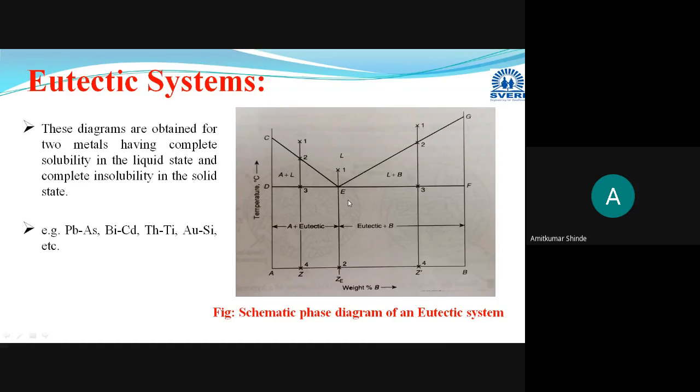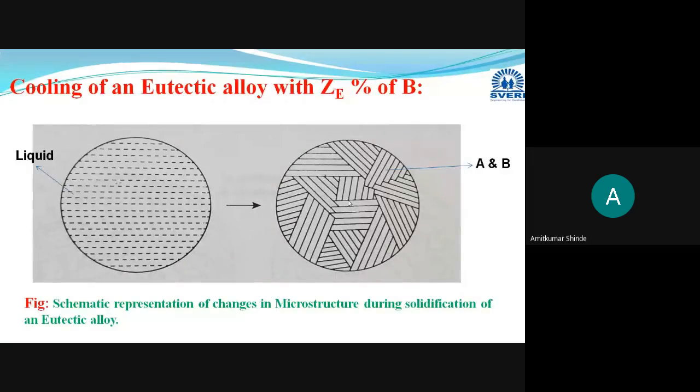Now, microstructural changes will be like this. From point 1 to E, only liquid will be there, and when temperature reaches point E, eutectic transformation will occur, means whichever amount of liquid is there, this liquid will get transformed to a mixture of two solids, that is A and B. Now here there will be difference in the morphology.